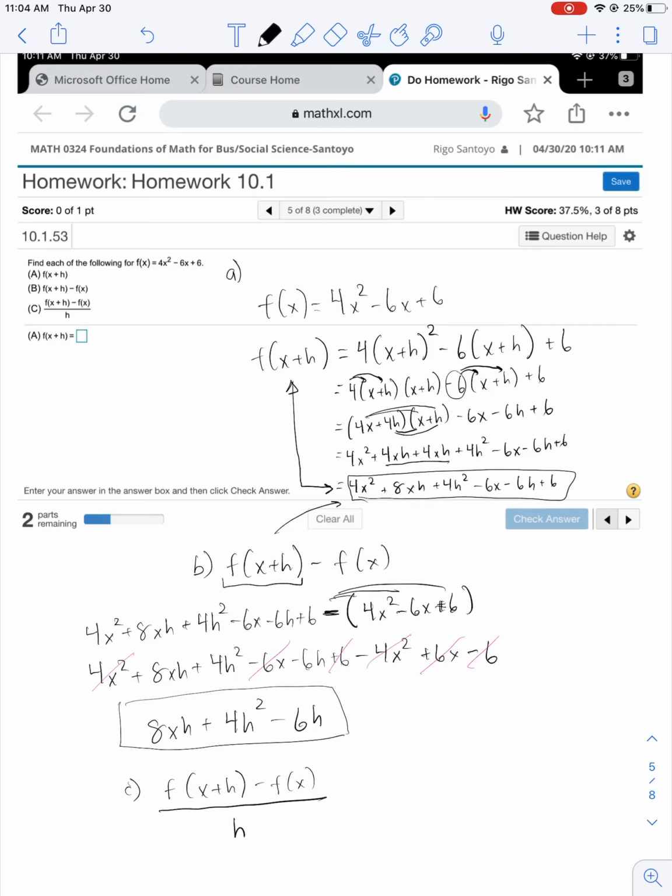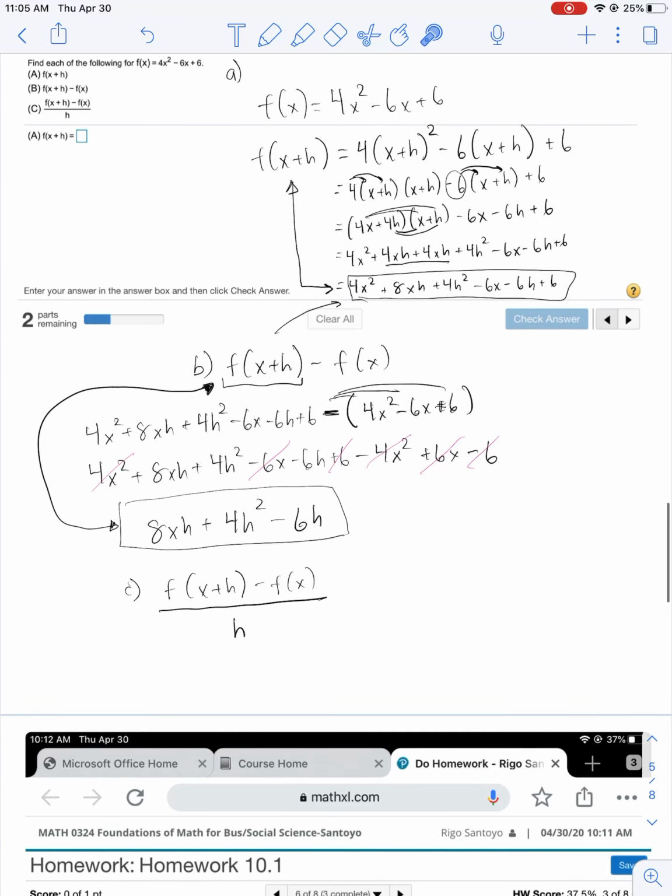All right, let me fix this. The answer that we just did is that. Our answer is this entire thing. And if you notice, this entire part from B is on the top of what they want us to do.